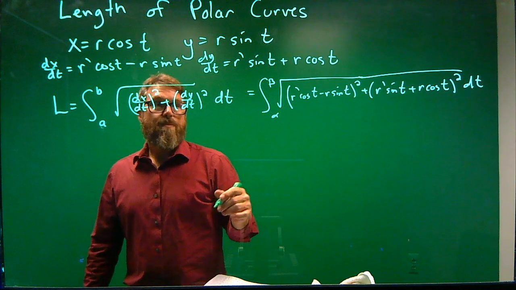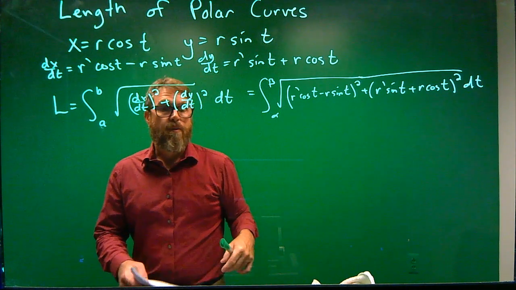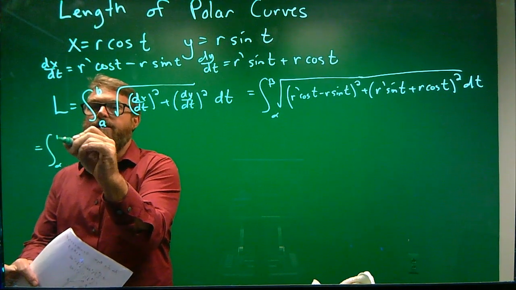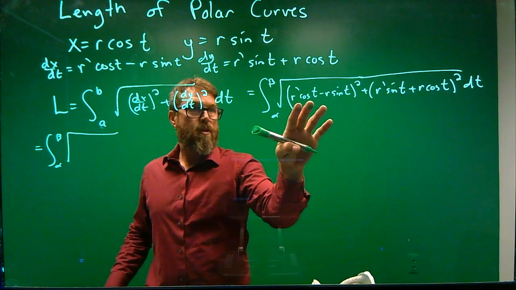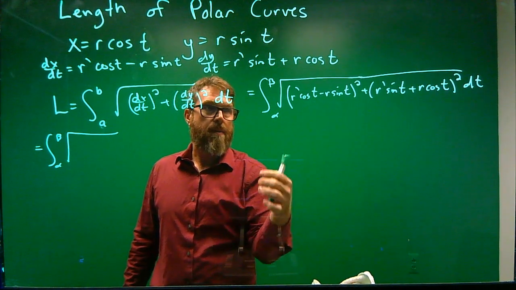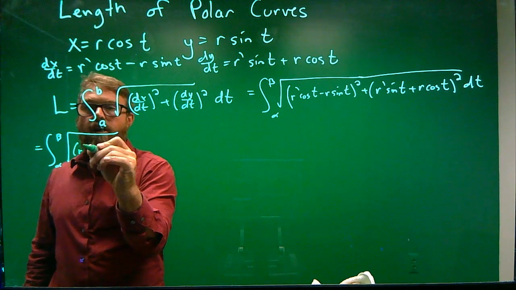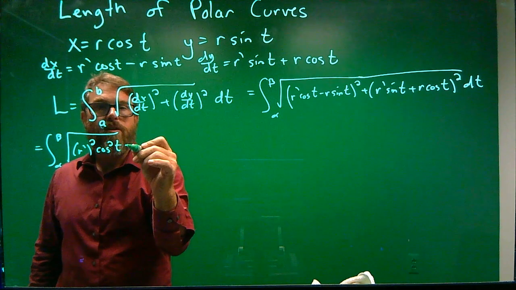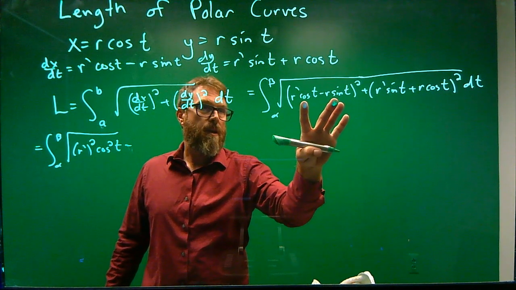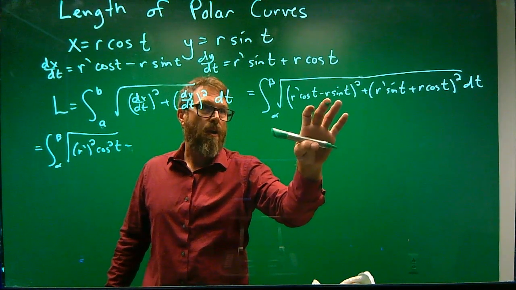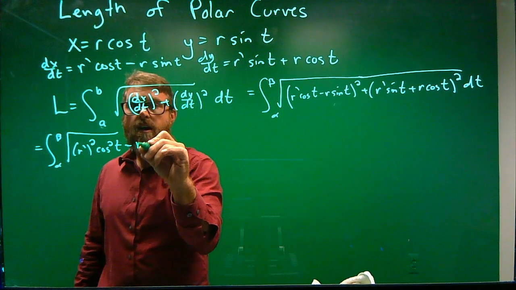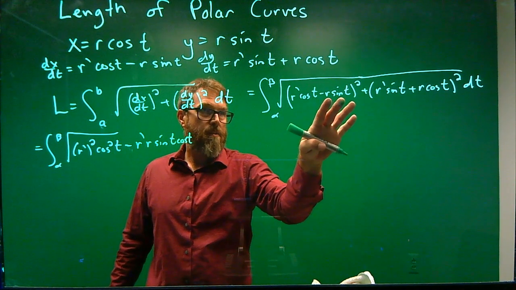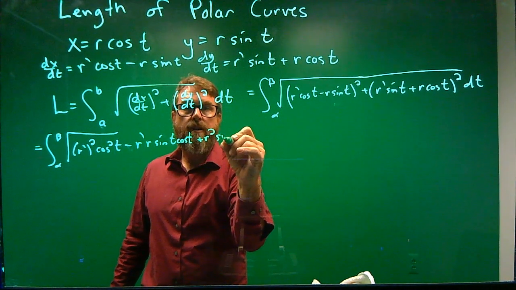Now, simplifying really means we're going to have to square these things. So this is going to be equal to the integral from alpha to beta of the square root of, now we're going to have to square this, and then it's going to be outside multiplied by inside. So this is going to be r prime squared cosine squared of t plus, well actually not plus because they're both negative, so outside and inside is going to be r prime r sine t cosine t, r prime r sine t cosine t, and then last is going to be this thing squared, so plus r squared sine squared of t.